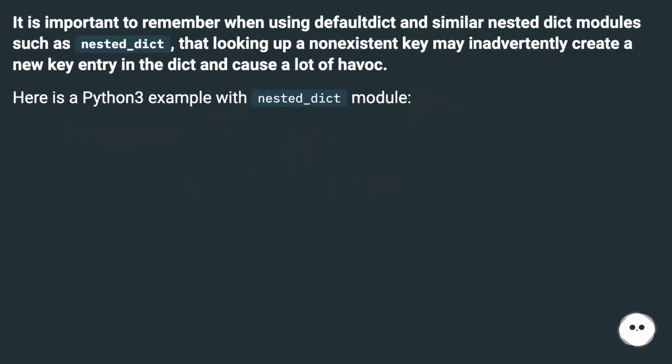It is important to remember, when using defaultdict and similar nested dict modules such as nested_dict, that looking up a non-existent key may inadvertently create a new key entry in the dict and cause a lot of havoc. Here is a Python 3 example with the nested_dict module.